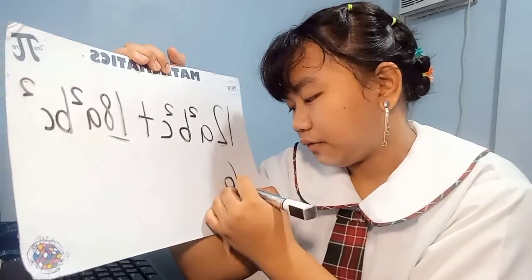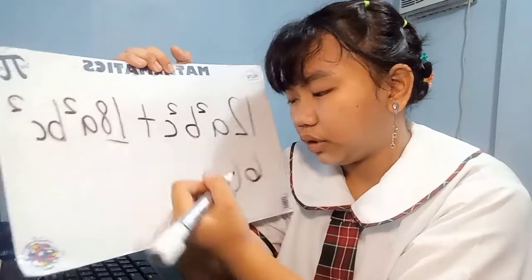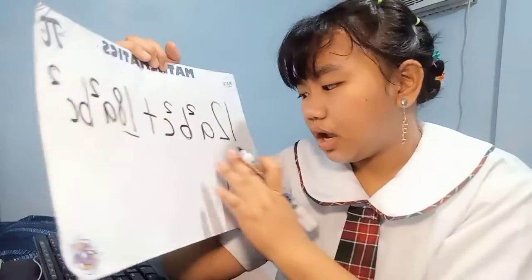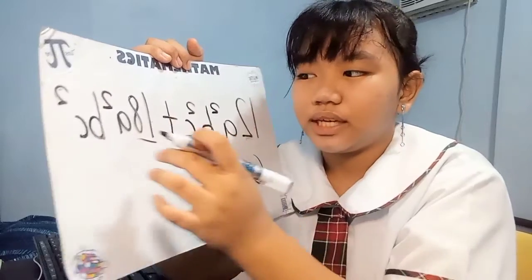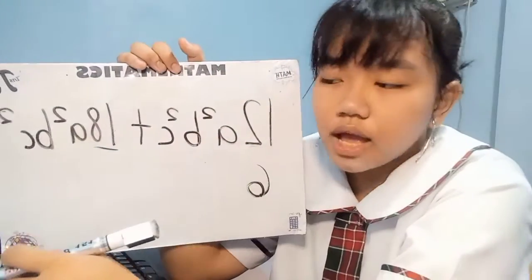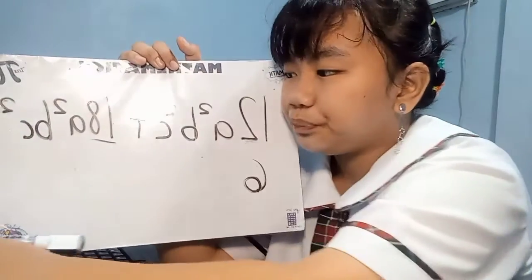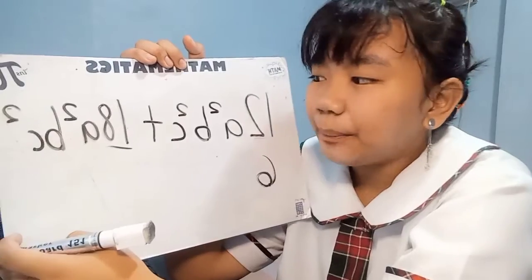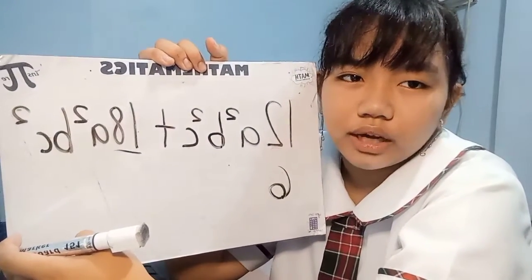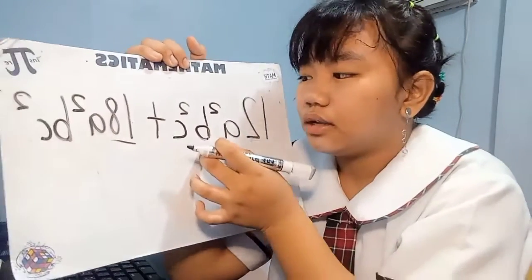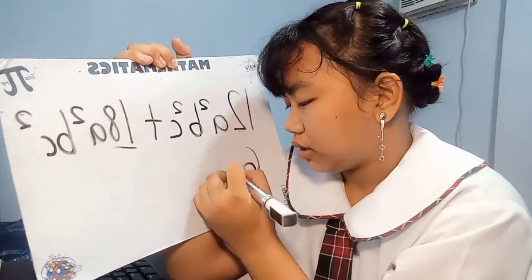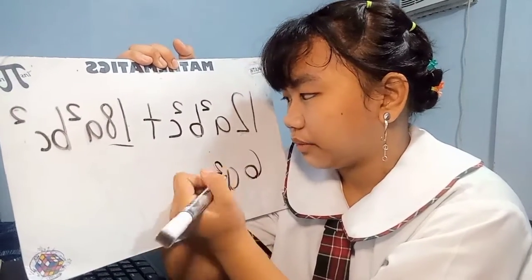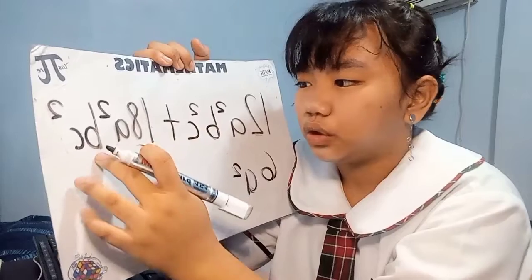After we find the GCF, we're going to find the GCF of a squared b squared c and a squared bc squared. Hahanapin lang natin yung common sa bawat term. May common na a squared, b squared, dito, b lang.